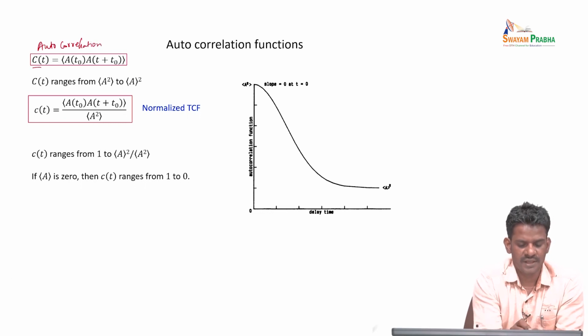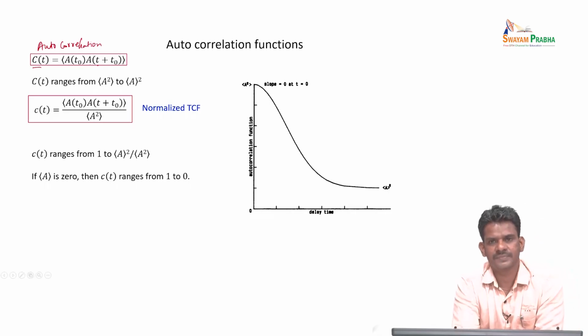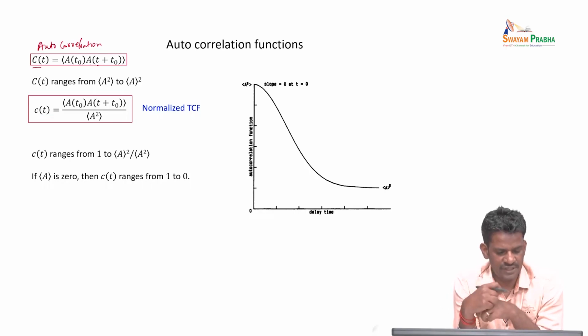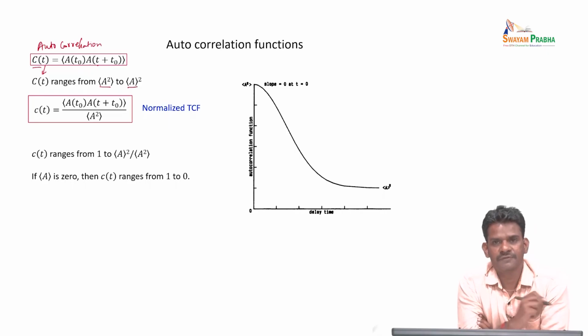is written as the ensemble average of the value of A at t naught multiplied by the same variable taken at a different time, t plus t naught. Thereby, two such values of A are separated by a time interval of t. So the values of this function will range from the mean square to the square of the mean.